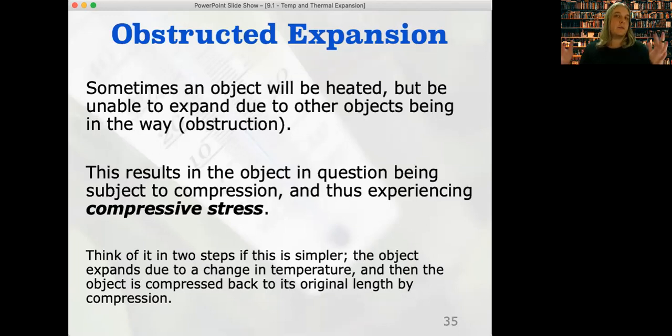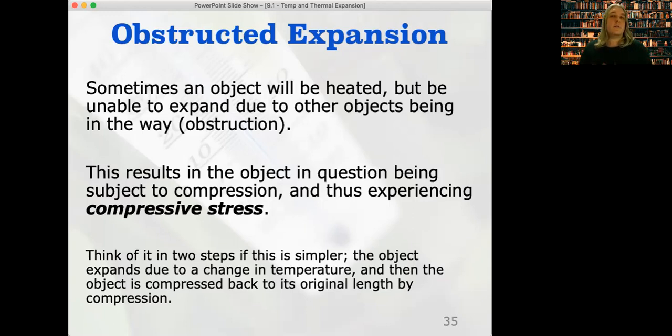So in effect, it has been squashed from where it should be if it wasn't under compression. So what we have is compressive stress as a result of thermal expansion. And the expansion hasn't actually occurred, right? But the object has tried to expand. It couldn't because there's stuff in the way, so it's under stress now.